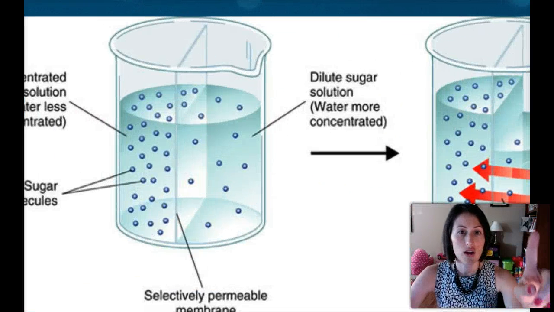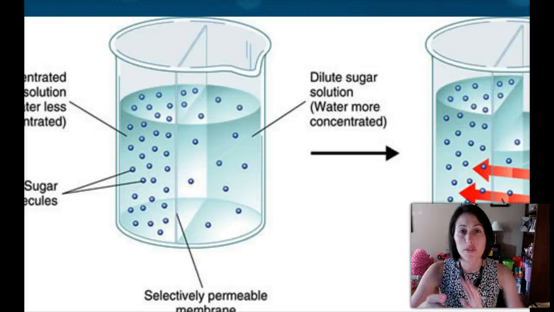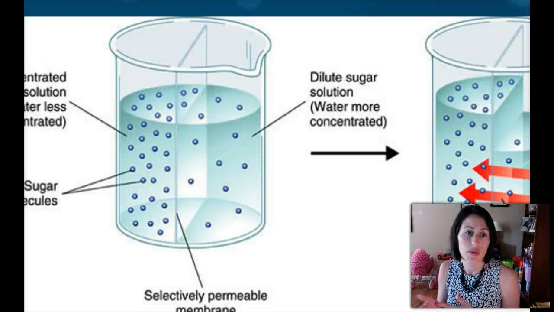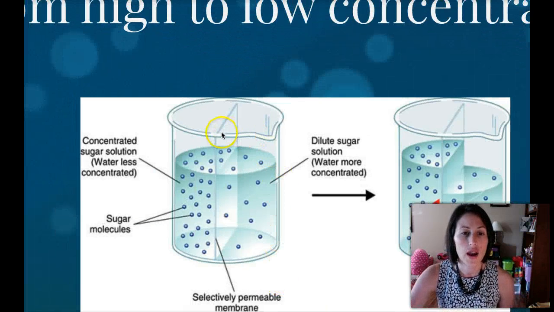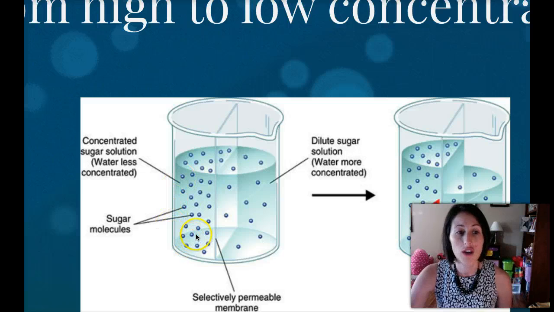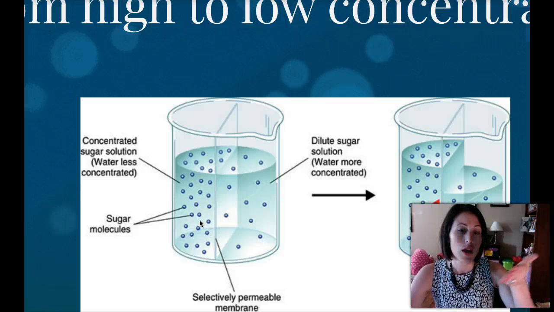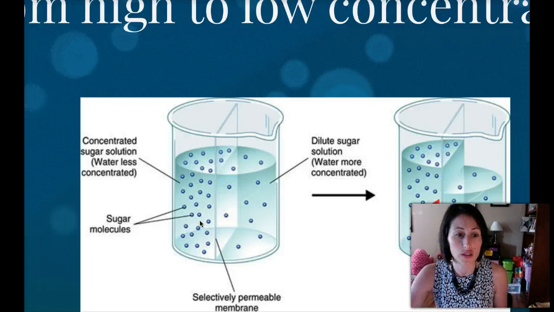Inside the beaker, there's a type of selectively permeable membrane that's mimicking the cell membrane in this case, okay? Here we have a high concentration of sugar solution. So there's more sugar solution, and in comparison, there's less water, okay?